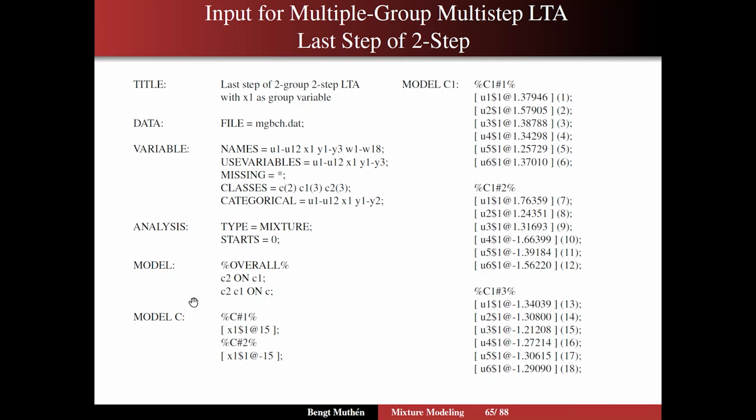We should also note that the categorical list then includes the indicators and X1 and Y1, Y2, whereas Y3 was continuous. So down here, to the bottom left, we have the perfect indicator specification. On the right, we have the fixed measurement parameters for time point 1 that we get from the first step analysis, asking for S values.